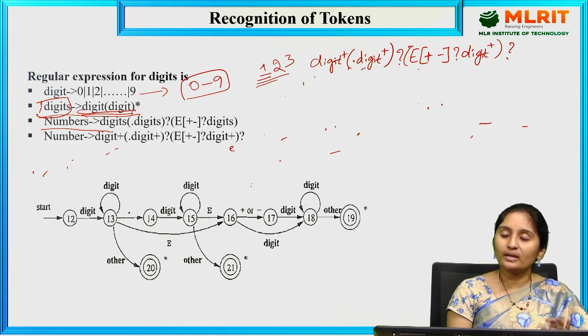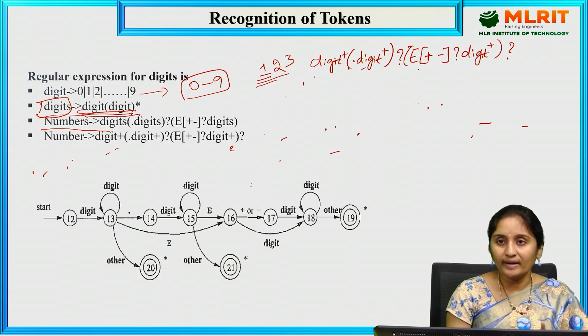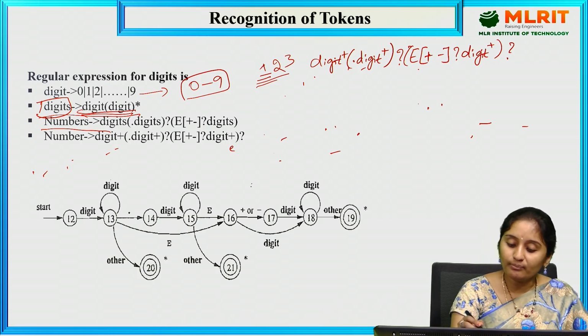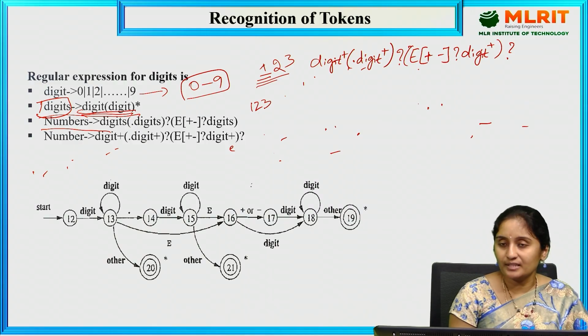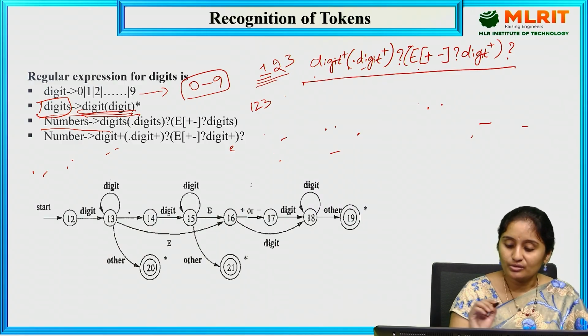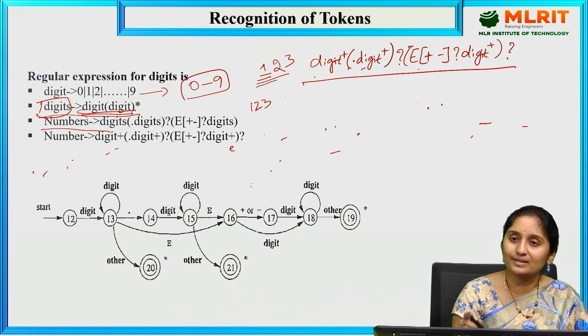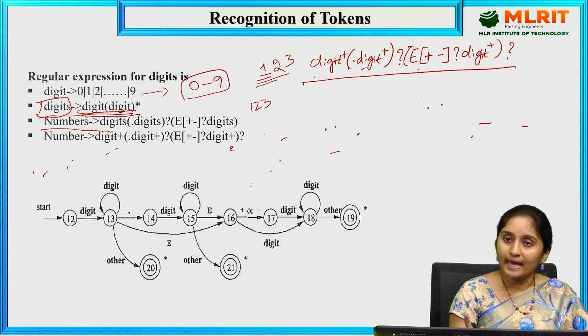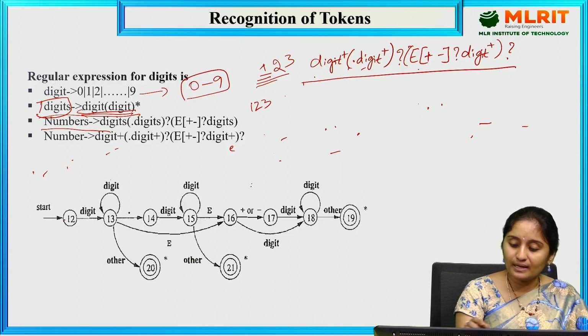The question mark points to 0 or 1 occurrence. Before reading the expression 123, let me draw the transition diagram for this regular expression. It accepts integers, floating point values, and exponential values. First let me draw this one.